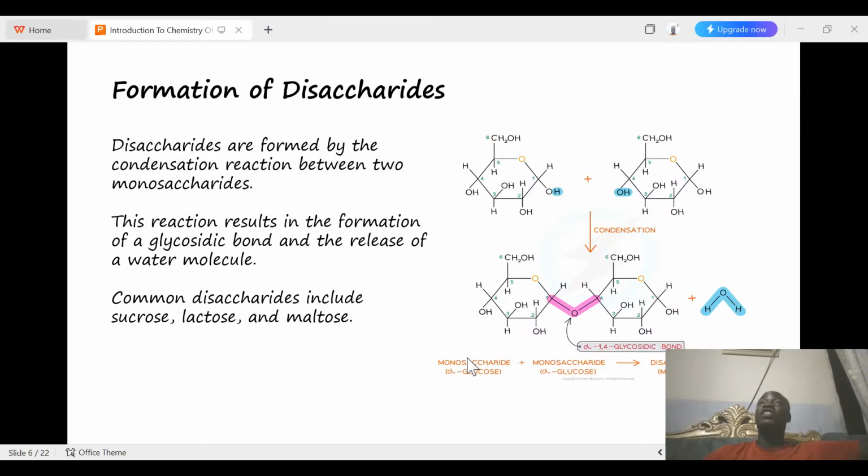A condensation reaction is a type of reaction where smaller molecules join together to produce a larger one, with the removal of small molecules like water.